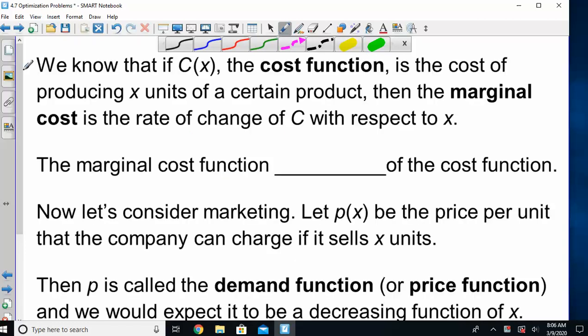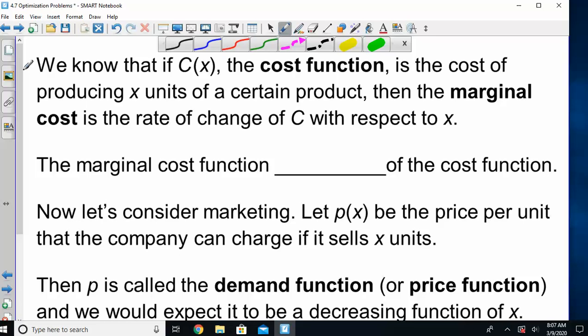If we are talking about how this is related to business, we could talk about costs, revenue, those types of things. We know the cost function, C of x, is the cost of producing x units of a certain product. Then marginal cost, we've talked about that before at the very beginning when we first started talking about derivatives, is the rate of change with the cost.